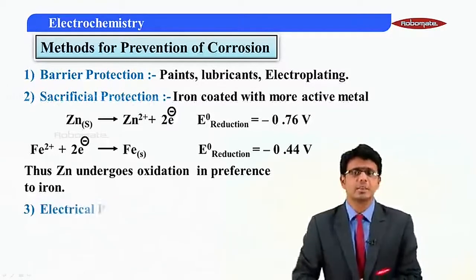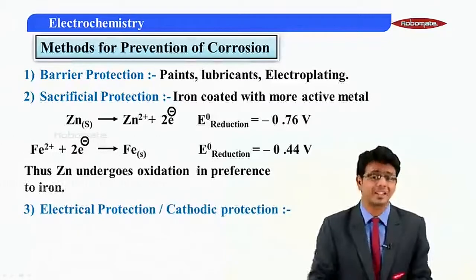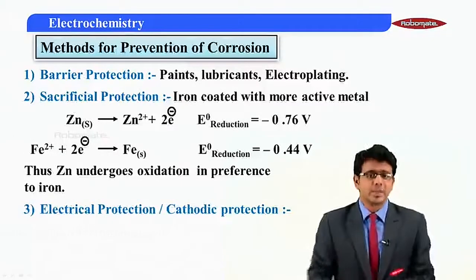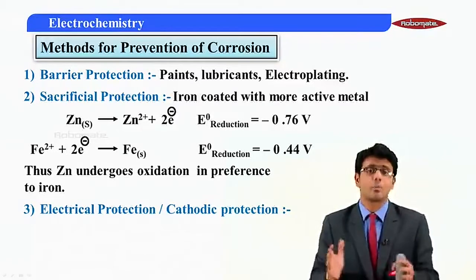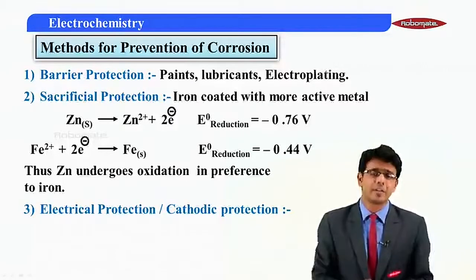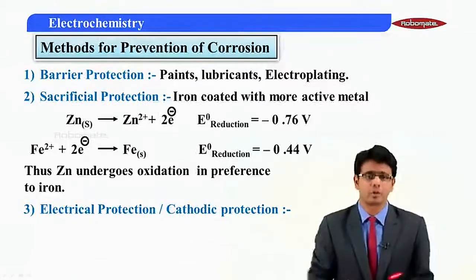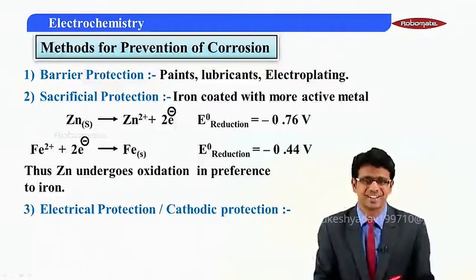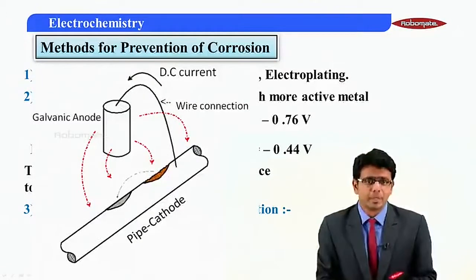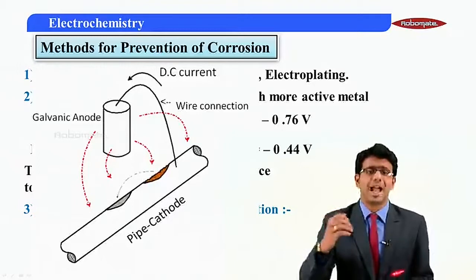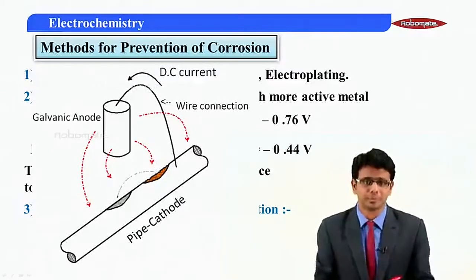Next is something which we call electrical protection or cathodic protection. It is precisely useful for the prevention of corrosion of underground pipes which are 24/7 in contact with either water or water vapors, or you can say moisture, right? So in this case, the underground pipe, we connect it to an active metal over the ground, okay?